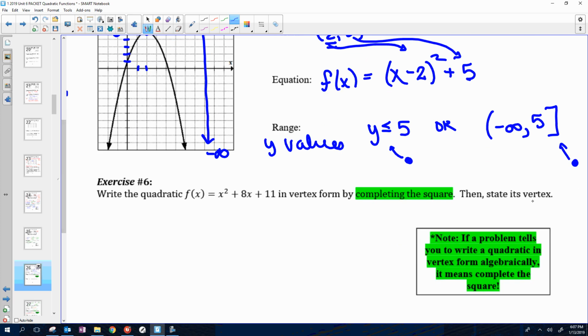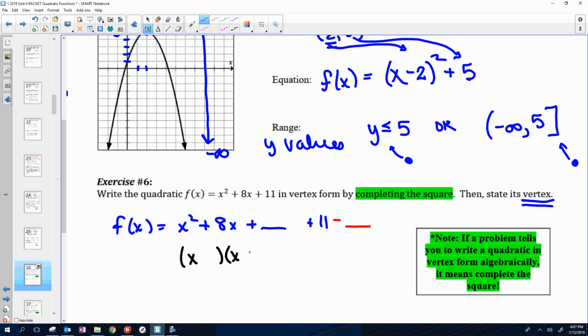And then the exercise says write the quadratic in vertex form. So that means complete the square and state the vertex. So f of x equals x squared plus 8x plus blank plus 11. And by the way, you're going to have to take off a number. So the number that goes in the blank, let's see, x and x. Trying to make this perfect square trinomial. Split the 8 in half, 4 and 4. It was positive. This was from last unit. If you don't remember, come ask me.